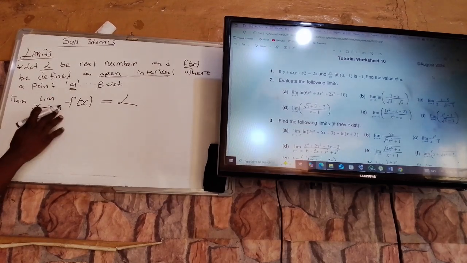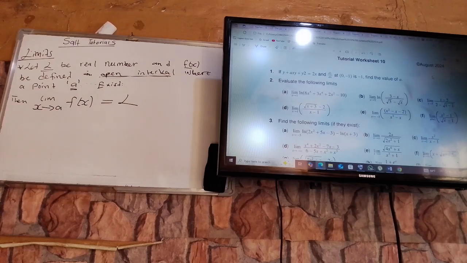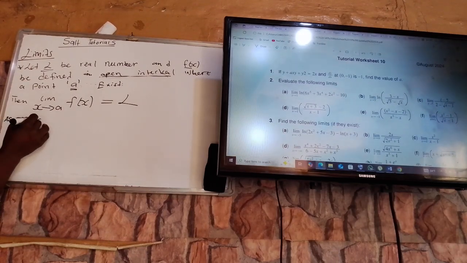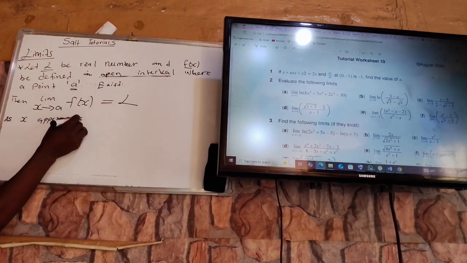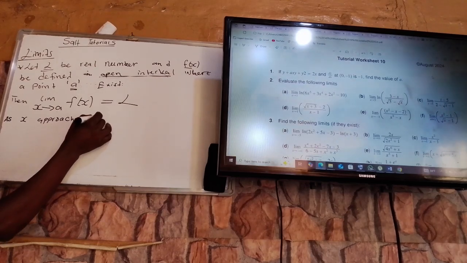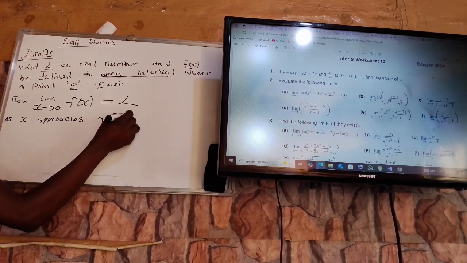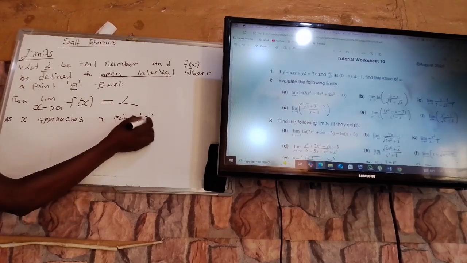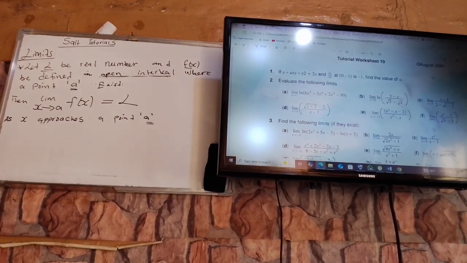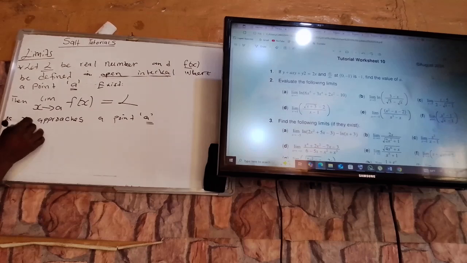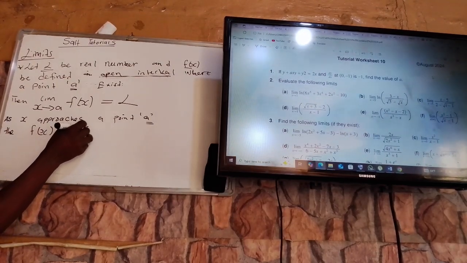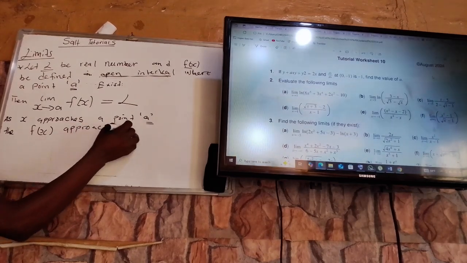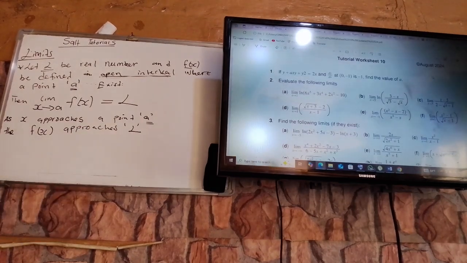So what does this mean here? In simple terms, we are simply saying that as x approaches a point A, the function f of x approaches a real number L. This is what we are simply saying.